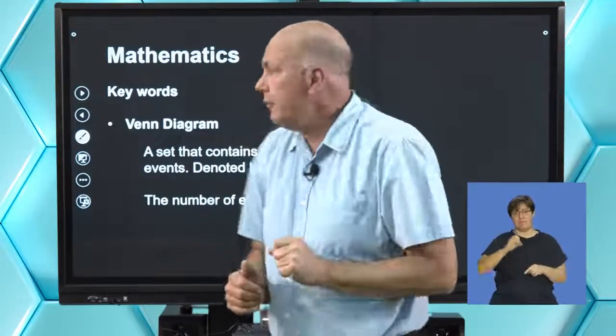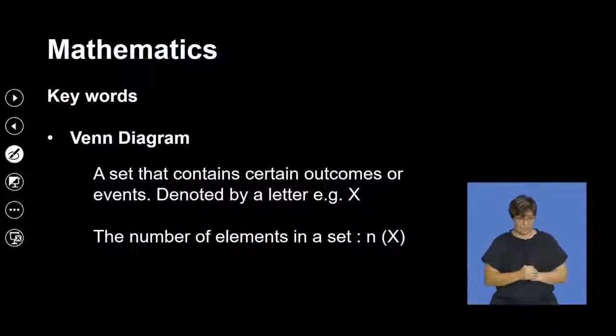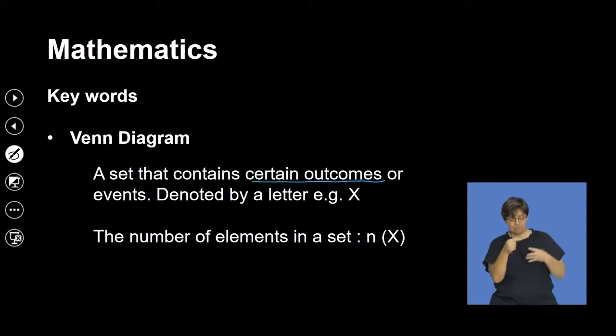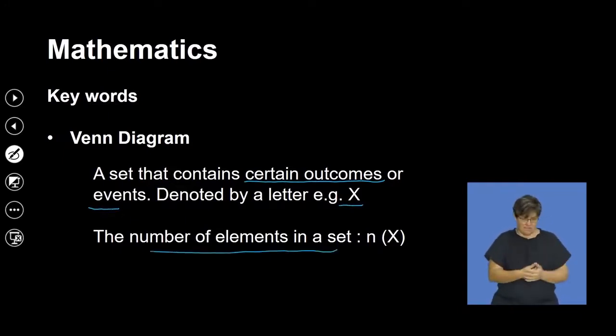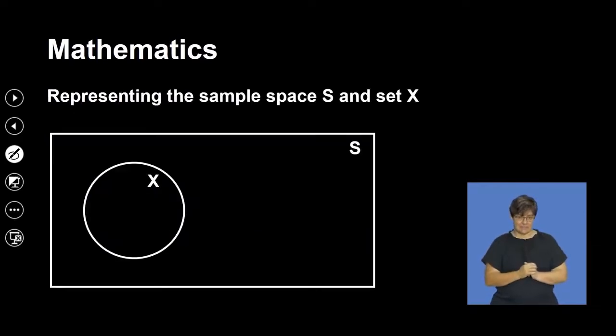And so again, when we look at it, we recognize that it contains certain elements, only some, or events. And we denote it with a letter X or A or B or whatever. If we want to know the number of those events or outcomes in a set, we say it's n(X). And to represent it graphically, there we go.